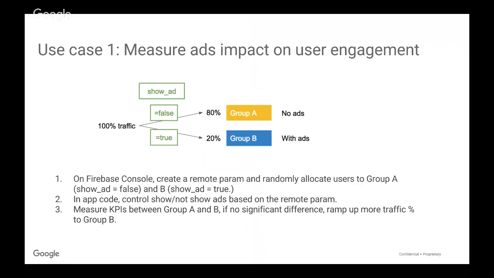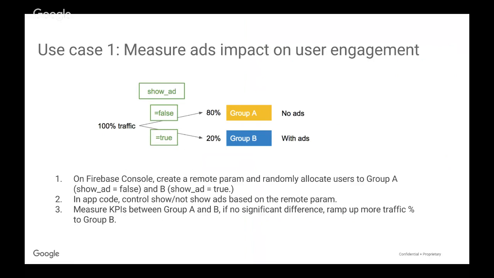But we want to make these changes smartly with data. So on the Firebase console, if you create, let's say, a remote config parameter, say show ad, and you assign false to the majority of the users who are already using your app, and you can assign true to a randomly picked 20% test group.